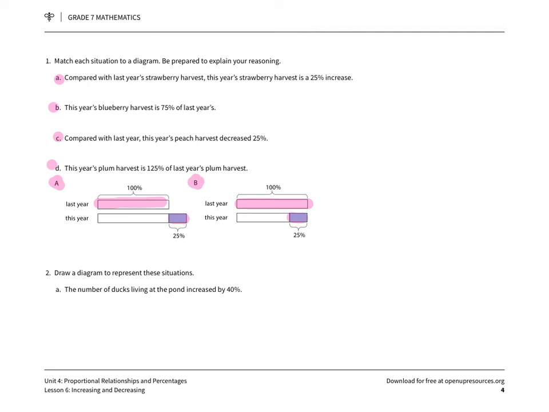And there's one here and then one more. The number of ducks living at the pond increased by 40%. So again, that 40%, we need to go back and relate to one of the fractions that we know. 40% is the same as 0.40 or 0.4, which is 2/5.